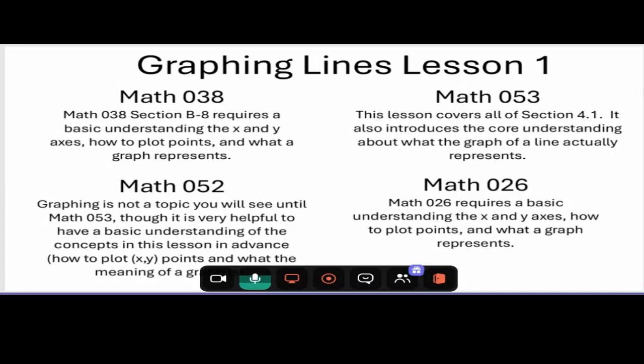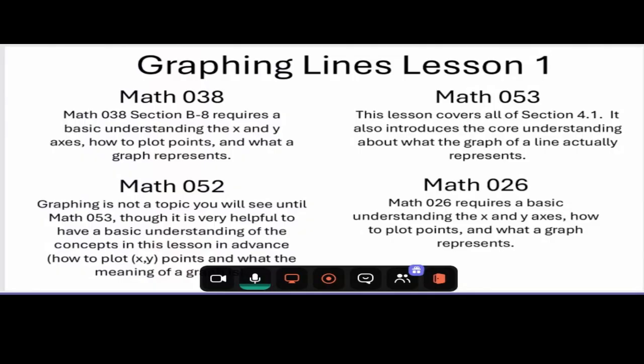026 and 038 do have some very rudimentary graphing. So understanding some of the beginning stuff here, what the x-axis is, what the y-axis is, how to plot points, and what the basic idea is when you look at a graph, what does it represent? What does it mean? That stuff is useful, but once we get into the nitty-gritty details, it's really only the 053s that this is applicable for.